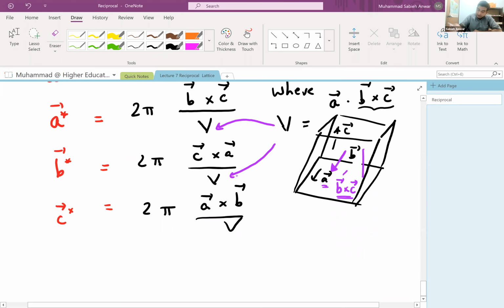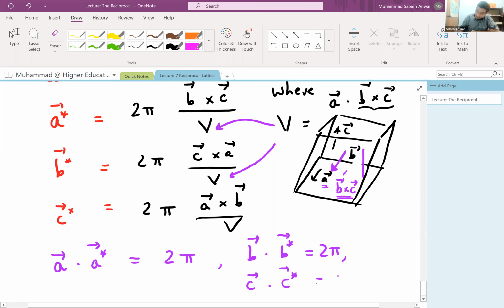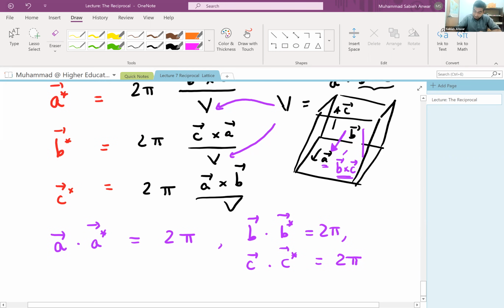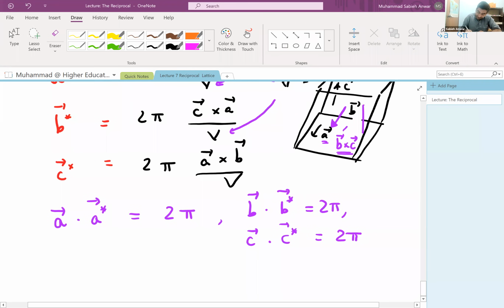So if I were to look at these expressions and I would form A dotted with A star, what would be my answer? My answer would simply be 2 pi. B dotted with B star would be 2 pi. C dotted with C star would also be 2 pi. Okay. What would A dotted with B star look like?